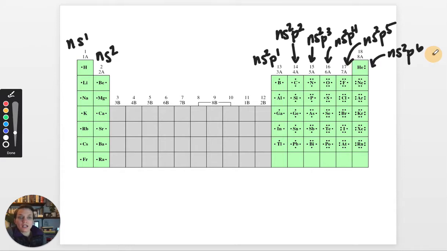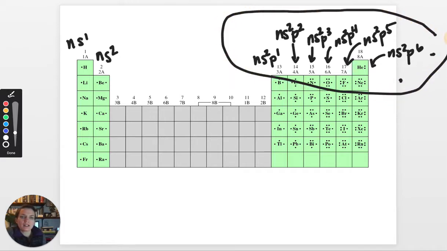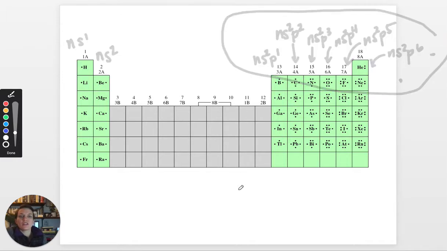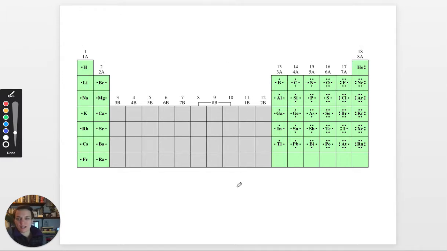So what's important, as we've already talked in this class numerous times, is we have the same chemical behavior in species that are in the same column. And now we have this new understanding that that chemical behavior is due to the electron configuration, right? So in group 1A, we have one valence electron. In group 2A, we have two valence electrons.